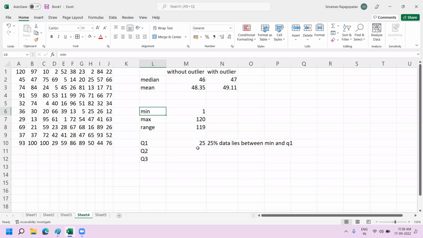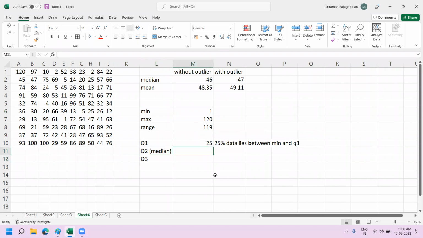Okay. Q2, also known as median. Let me write it here. Why do we call Q2 a median? Because the formulas are similar and it gives you the same result.